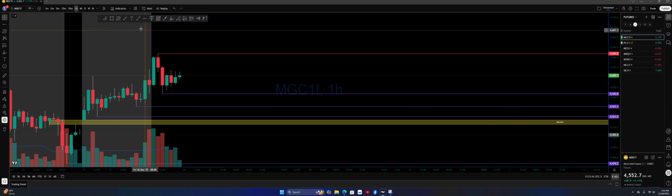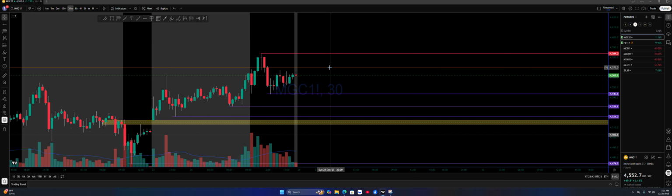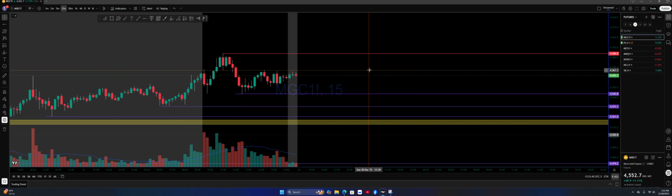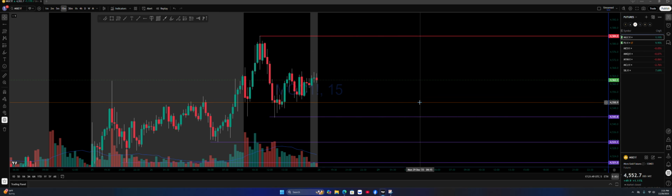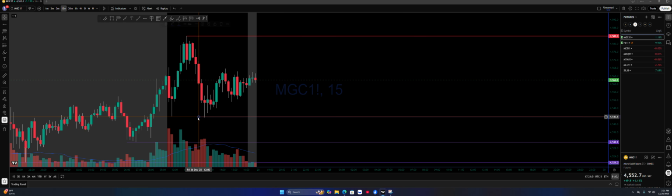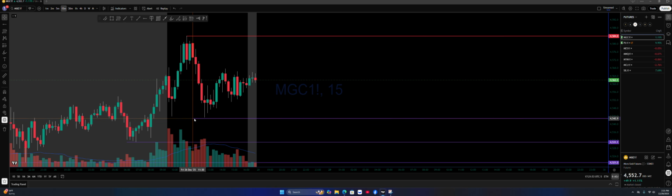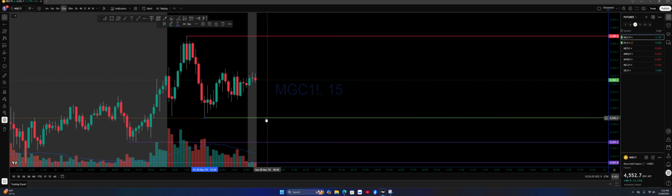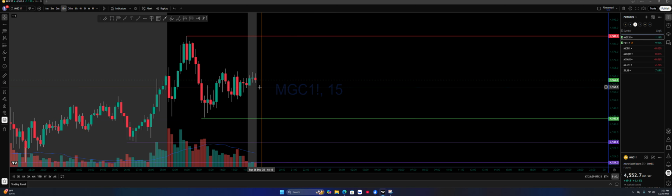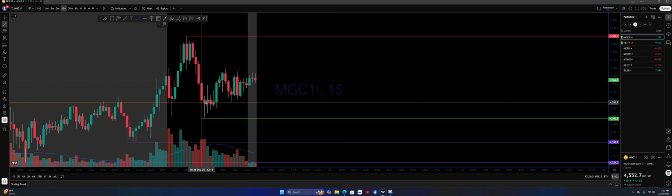I will take my first position on a lower time frame if I get the opportunity off of a 15-minute ORB. If we break out of the 15-minute ORB, I will take a trade in the direction of said ORB.